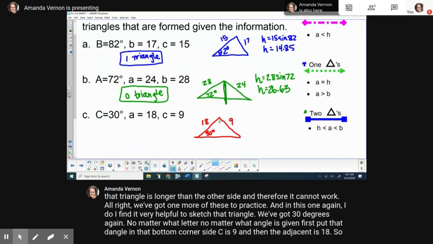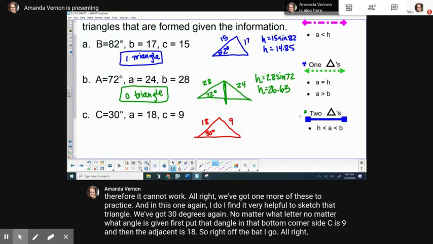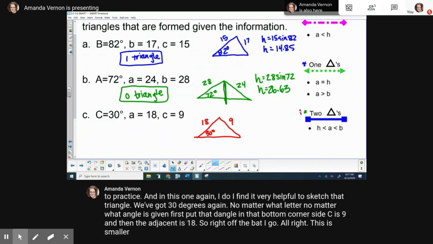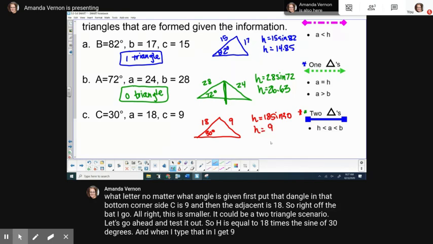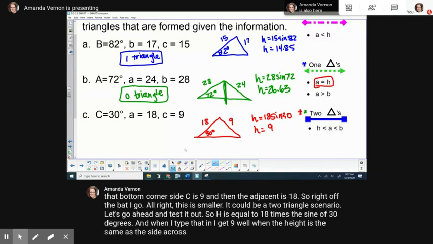So right off the bat, I go, all right, this is smaller. It could be a two triangle scenario. Let's go ahead and test it out. So H is equal to 18 times the sine of 30 degrees. And when I type that in, I get 9. Well, when the height is the same as the side across from the angle, it produces one triangle.